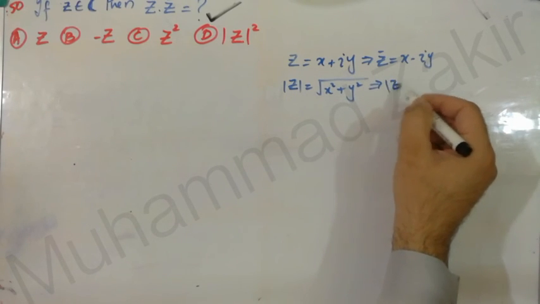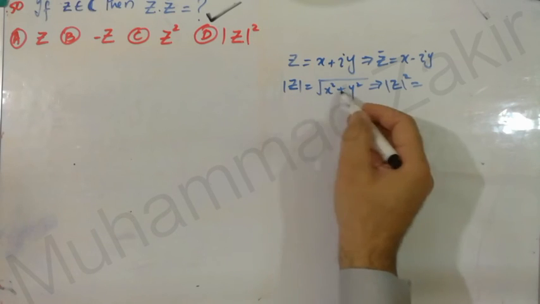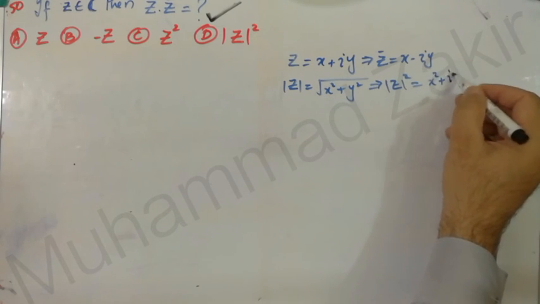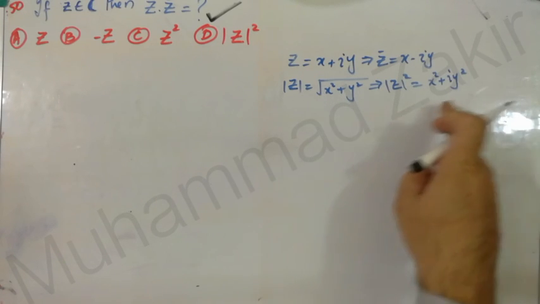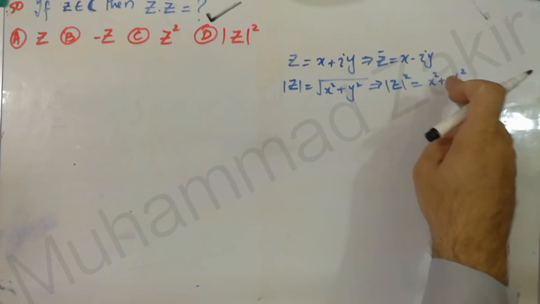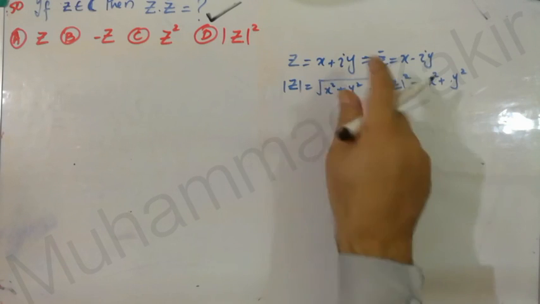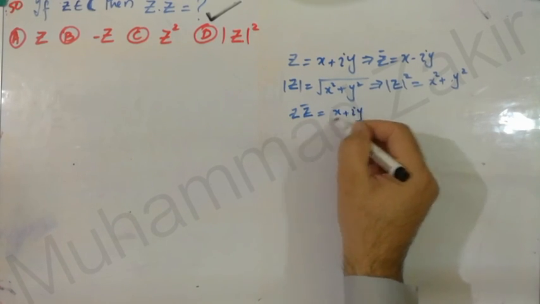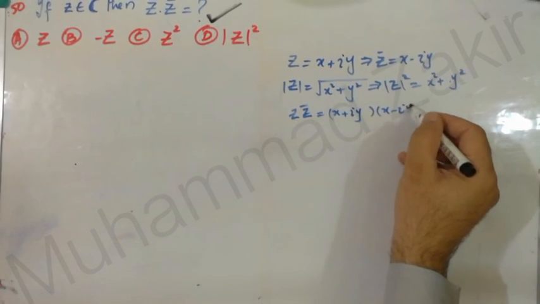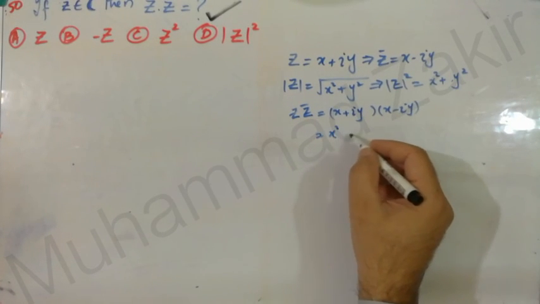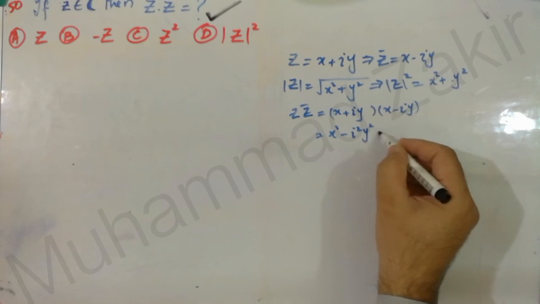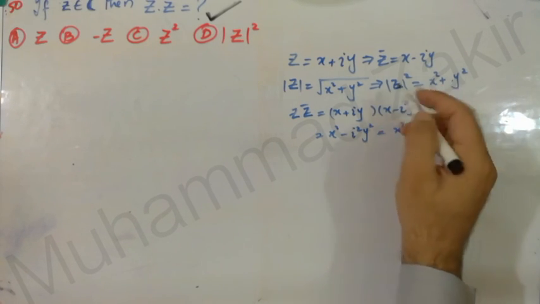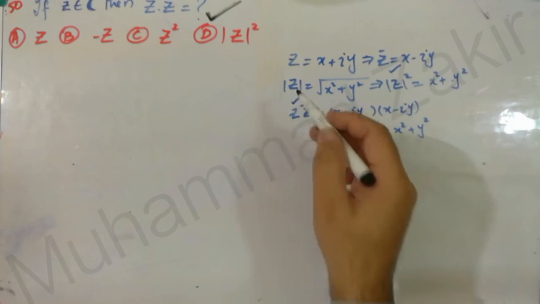This implies Z modulus square will be, if we square both sides, then the root will be removed, x square plus y square. And the product of Z and Z conjugate obviously is x plus iota y multiplied by x minus iota y, which will produce x square minus iota square y square, iota square is minus 1, which will make x square plus y square. So both these quantities are equal. One is Z mod square, the other is the product of these two.